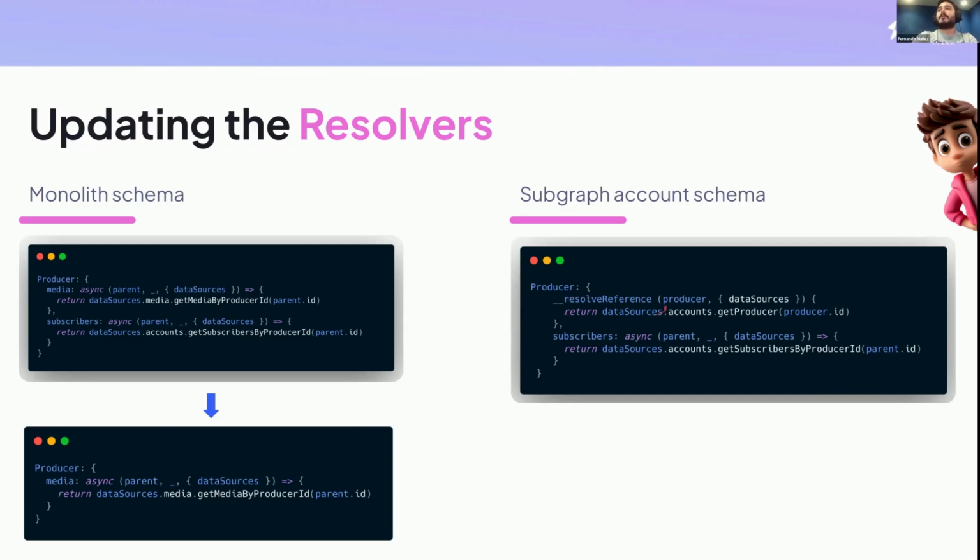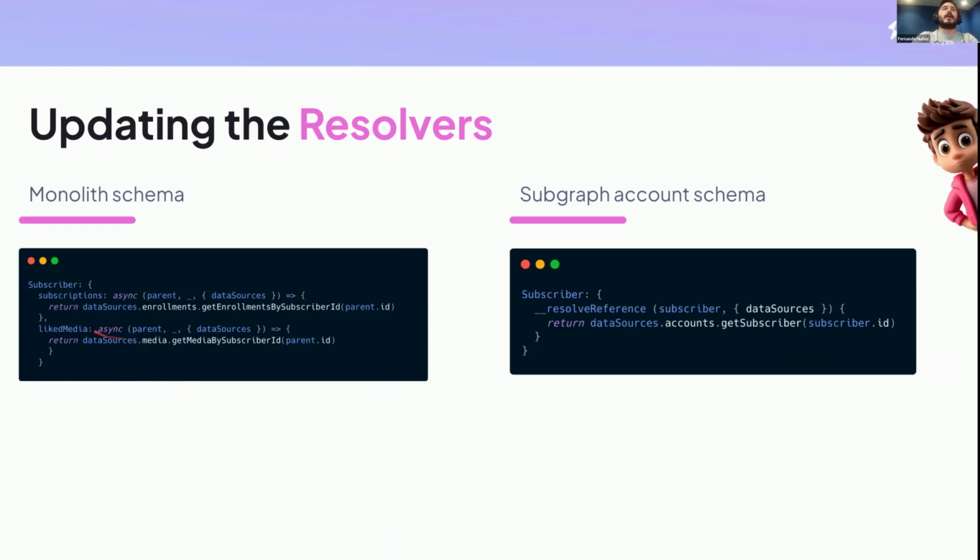This resolve reference is the one that is going to return the producer information, and as the subscribers belong to the account subgraph, we also need to resolve the subscribers object inside of this subgraph. We remove it from the monolith, but keep the media resolver for the producer, because the monolith is still taking care of the media resolver.